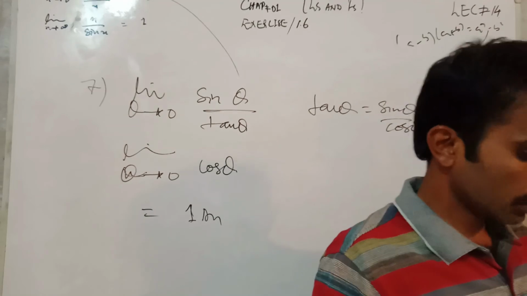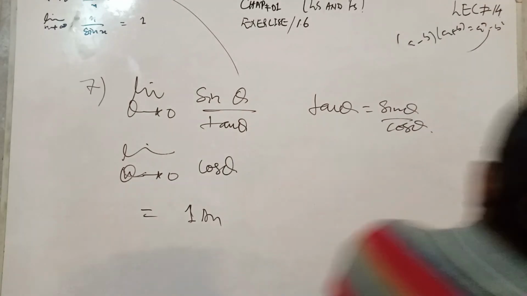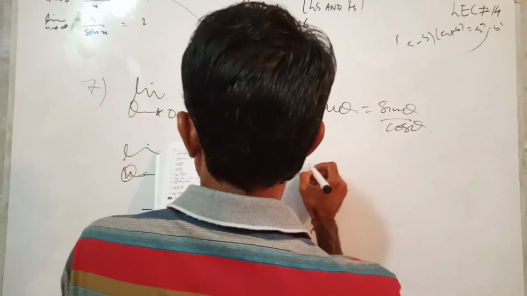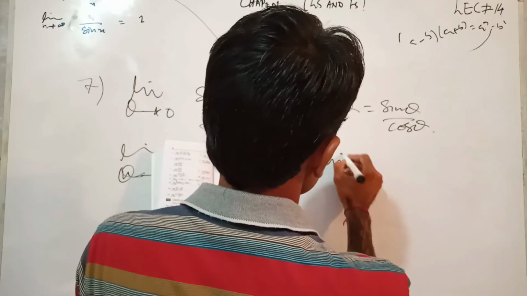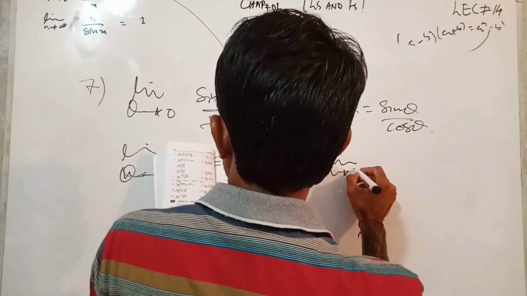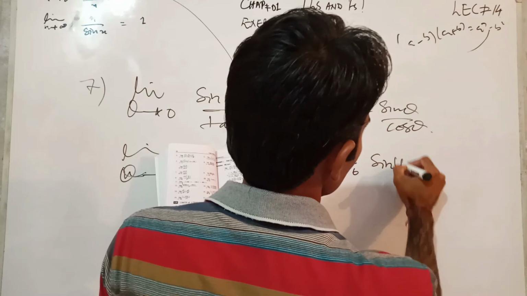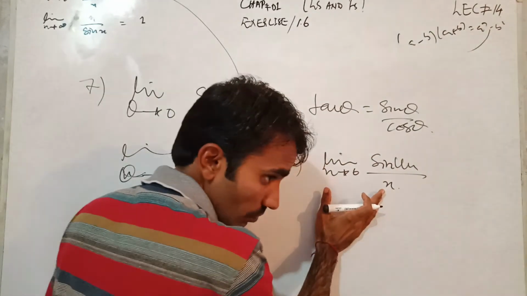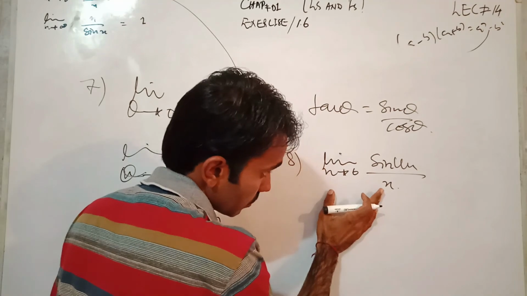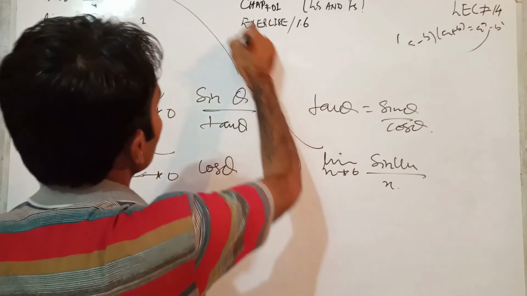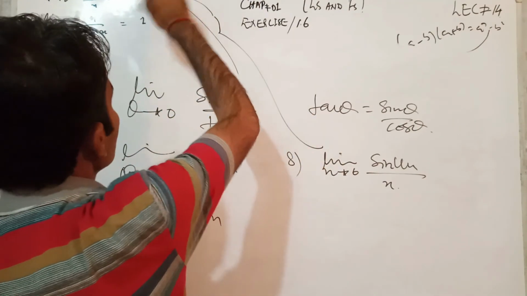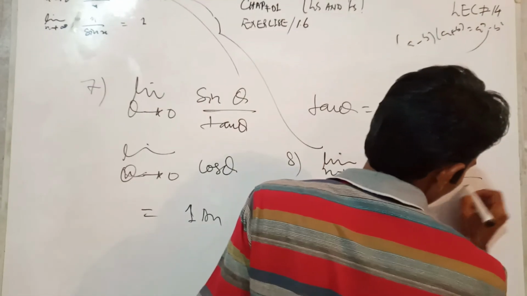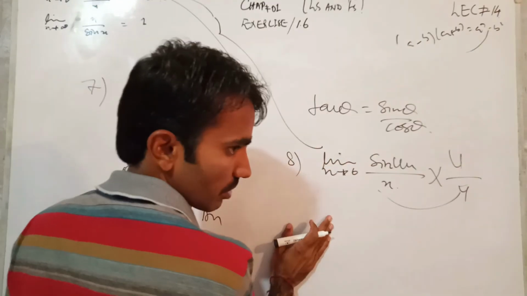Question number 8 is very easy. Question number 8 is limit x approaches to 0 sine 4x divided by x. Now we will get the 4 and satisfy that formula. So we will multiply and divide by 4. This 4 will come over here.